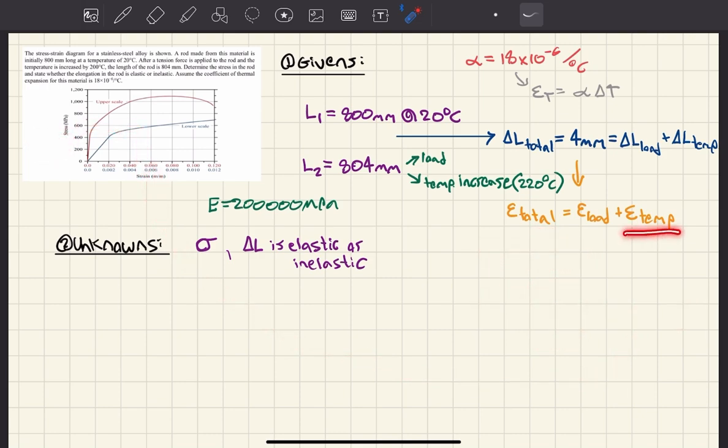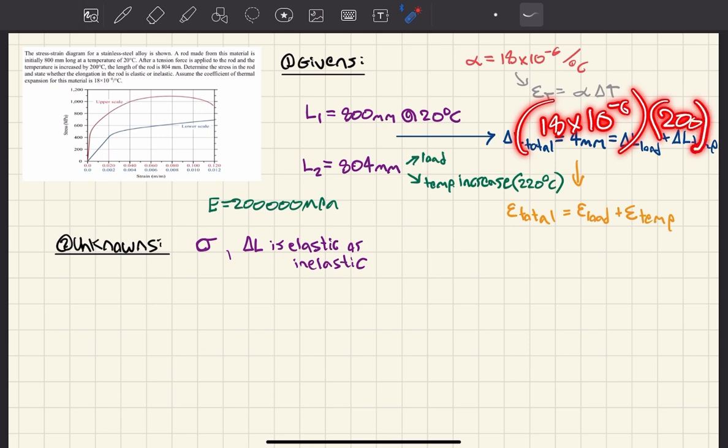Similarly, I can easily find the stress caused by the temperature increase, because I can easily find the thermal strain, right? Using this formula, I multiply alpha by the change in temperature, so it's literally just 18 times 10 to the power of negative 6 times an increase of 200 degrees, right?